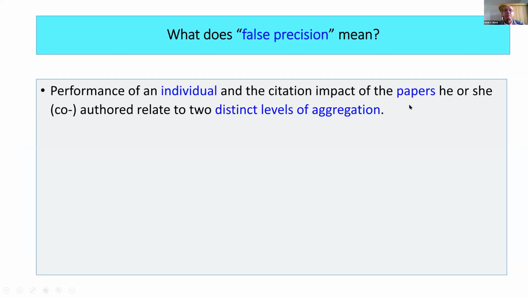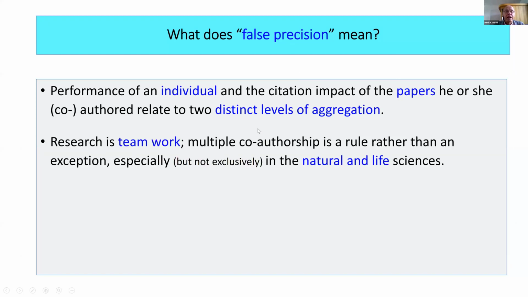As regards the evaluation of individuals, what does this false precision mean? Well, my main point is that research is teamwork, and multiple co-authorship is a rule rather than an exception, especially in natural and life sciences, but not only there.